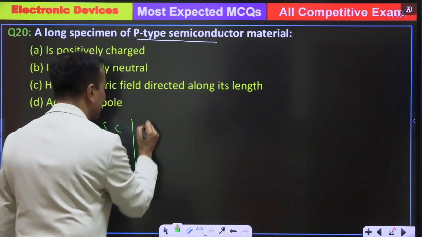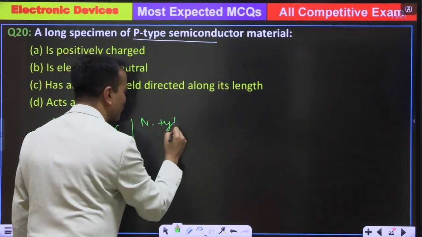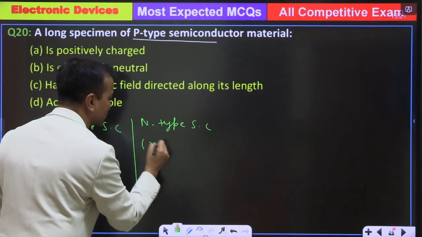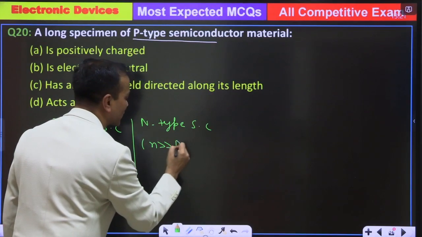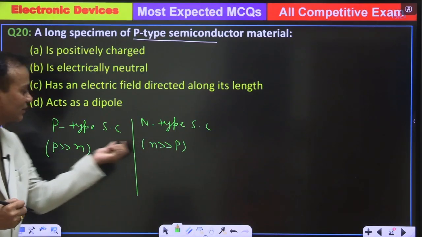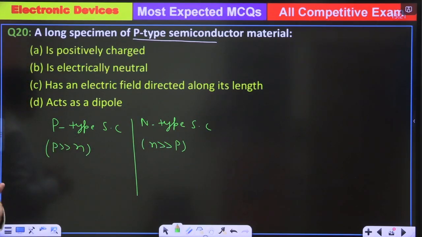Similarly, for N type of semiconductor, electron is the majority charge carrier, and this is much higher than holes. It doesn't mean that it is negatively charged, or positively charged. How?